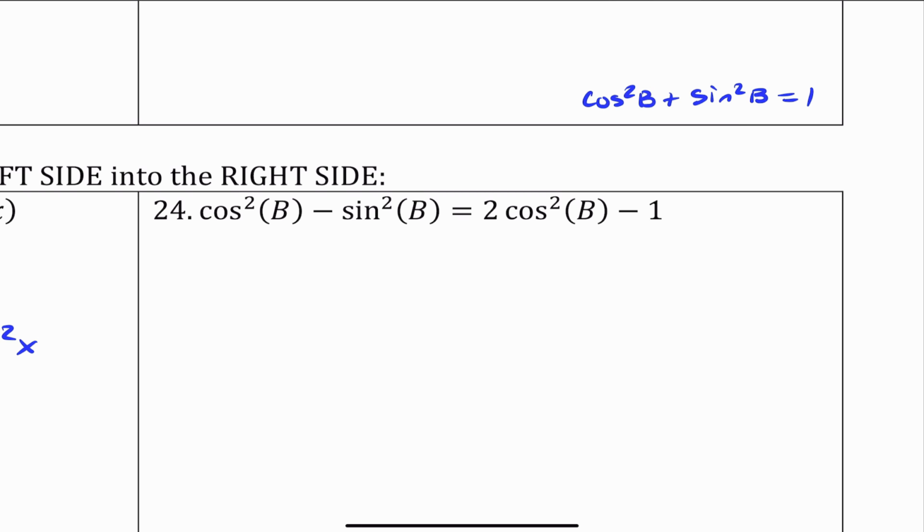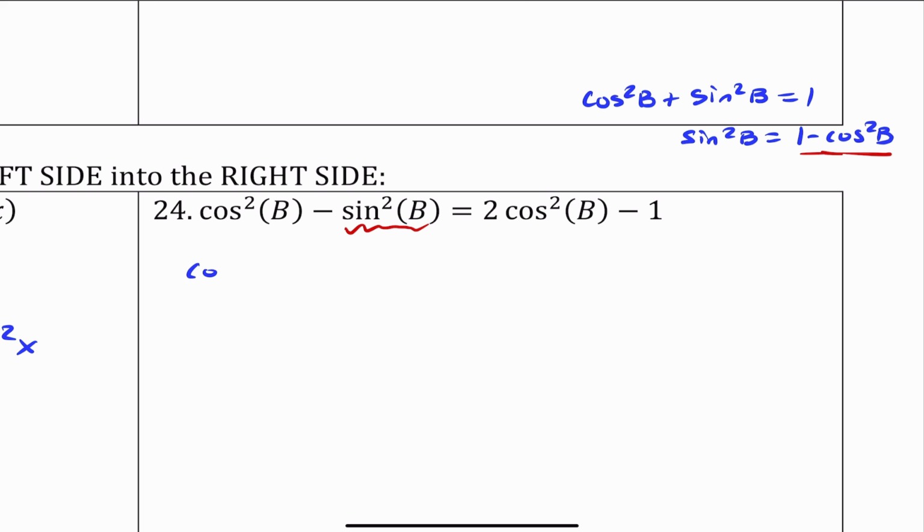Now, let's go ahead and solve for sine squared of b. If I were to get sine squared of b by itself, then it's 1 minus cosine squared of b. So what I'm going to do is replace sine squared of b with this expression.